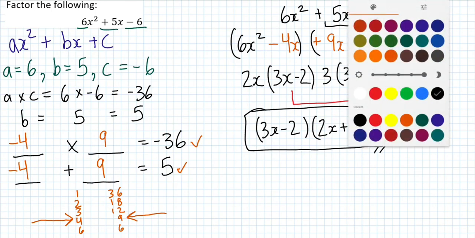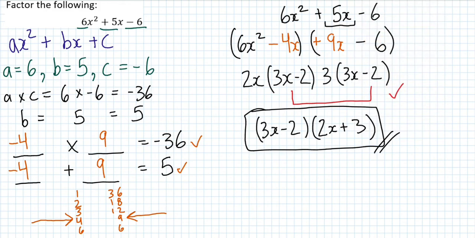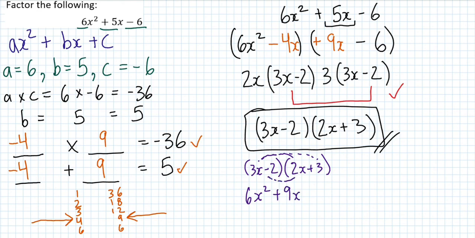Now, how do we check this answer to make sure that's correct? We can expand it back out. So, if we go 3x minus 2 multiplied by 2x plus 3, if we expand this out by FOIL, 3x multiplied by 2x is 6x squared. 3x multiplied by 3 is 9x. Negative 2 multiplied by 2x is negative 4x.